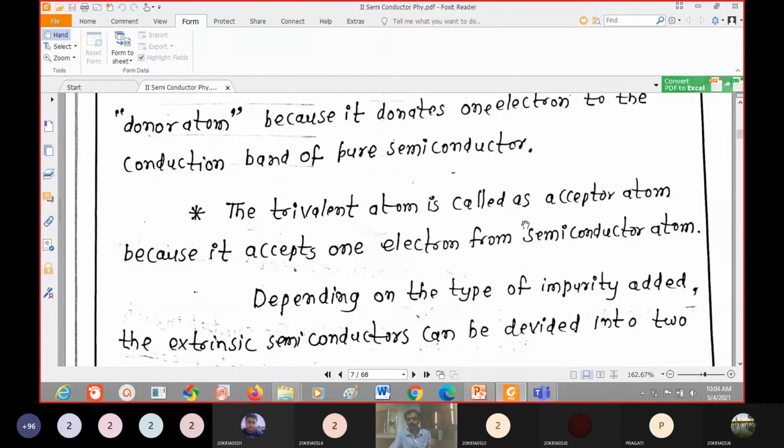A trivalent atom is called an acceptor atom because it accepts one electron from a semiconductor atom.